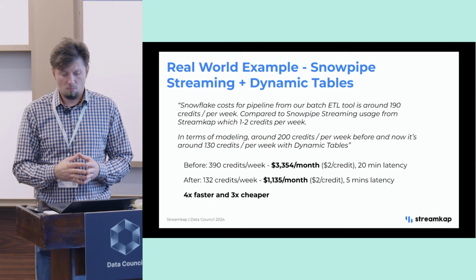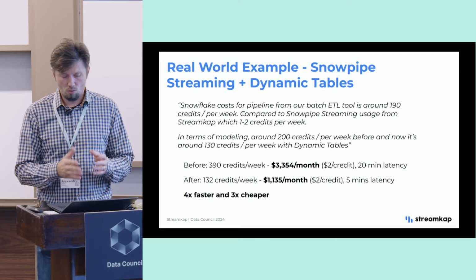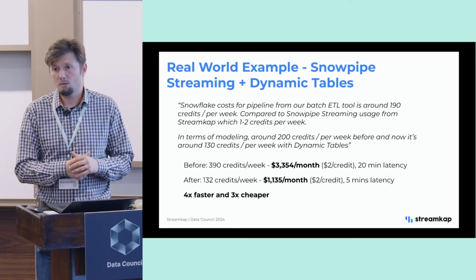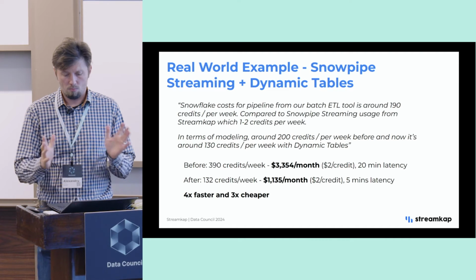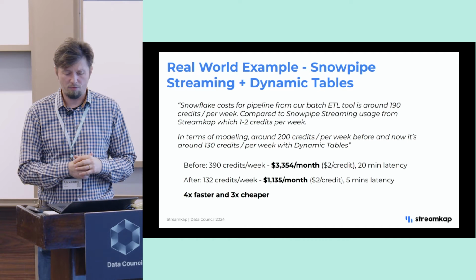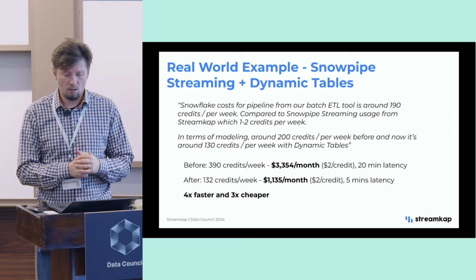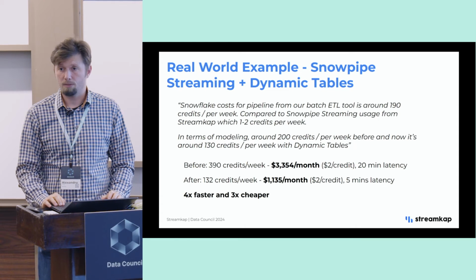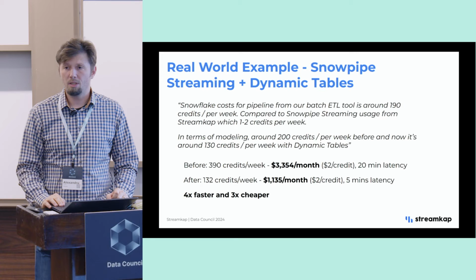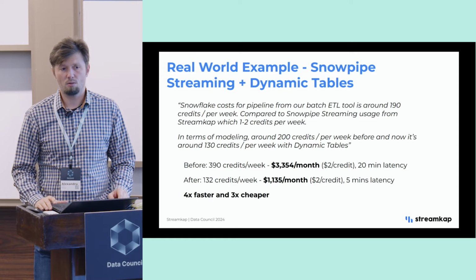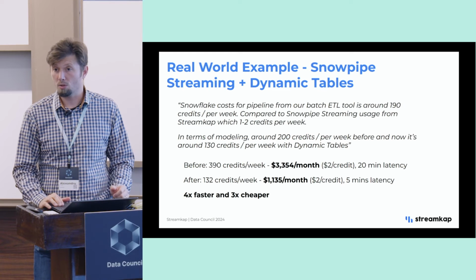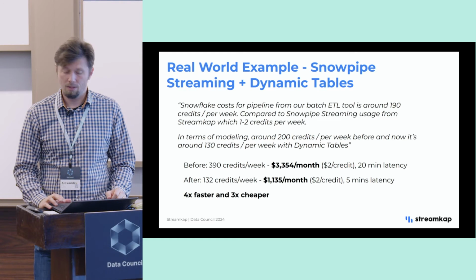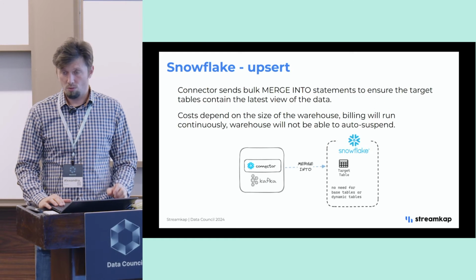So it's 4 times faster, and the overall cost as shared by the customer over a few months of testing and counting was about 3 times cheaper. So that's why I said in the beginning that one of the advantages of using a streaming ETL tool is actually the cost. It seems to be much cheaper, at least for this use case.